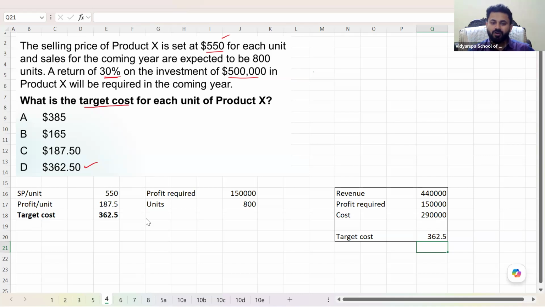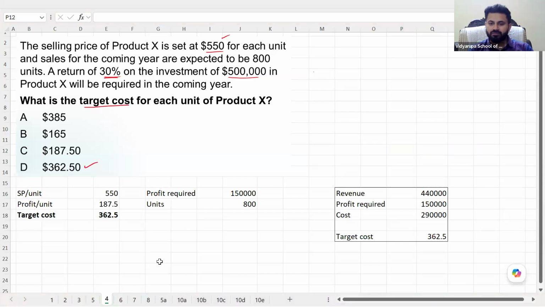I hope all of you got the point. I hope this is clear to everybody. Can I have a confirmation, please? The answer is D. Especially to those who got a different answer or did not get an answer, are we good? Are we clear?